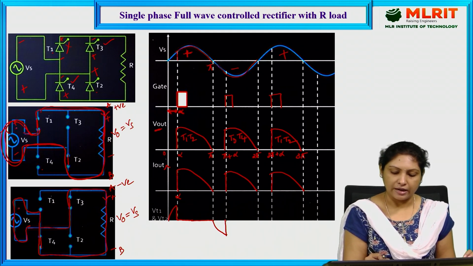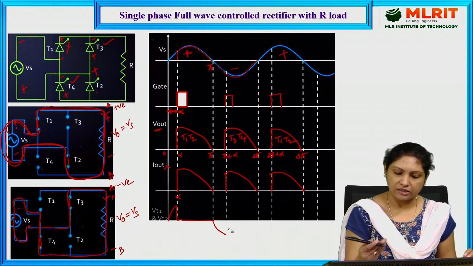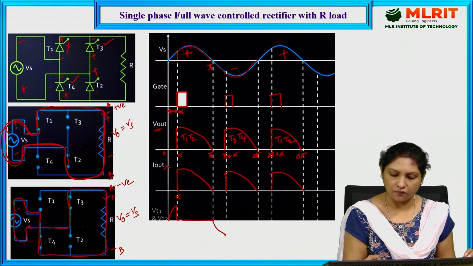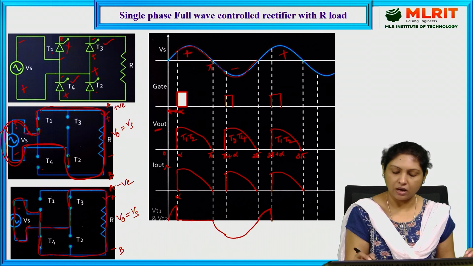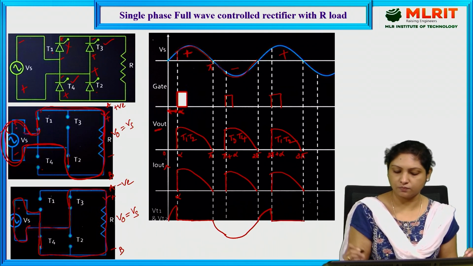And again, at this instant, T3 and T4, since T1 and T2 are turned off, this will be the voltage across thyristor 1 and 2. Since it is conducting from 2 pi plus alpha to 3 pi, this is 0.